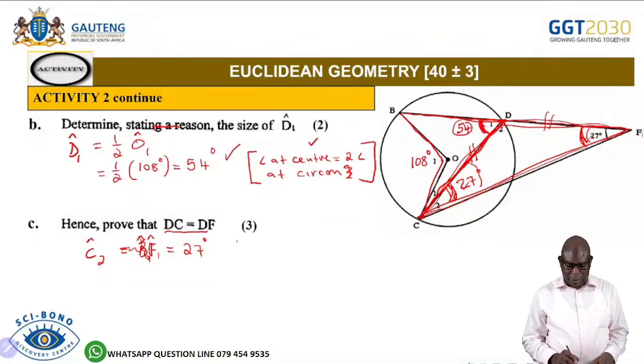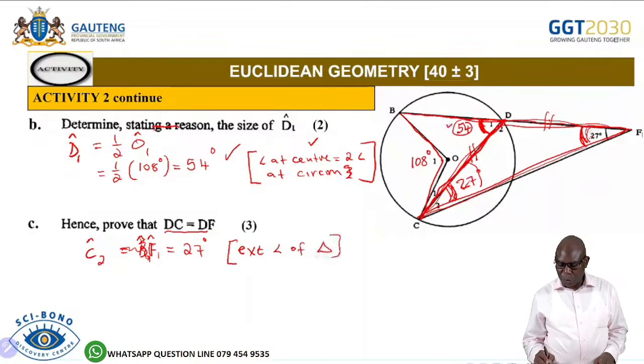So the reason will be exterior angle of a triangle. You see that that one is 54, that one is 27. So these two angles must give me 54, which means that the angle here will be 27.